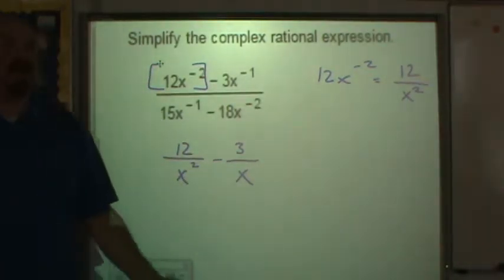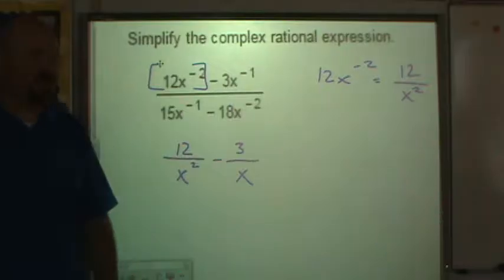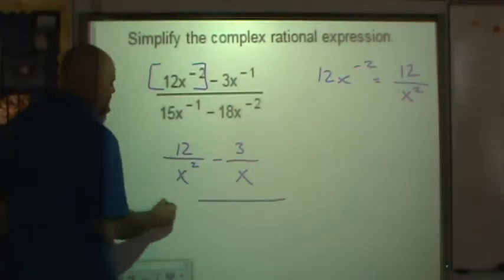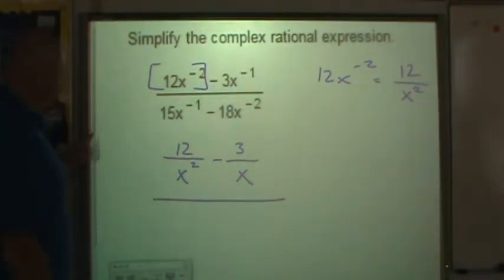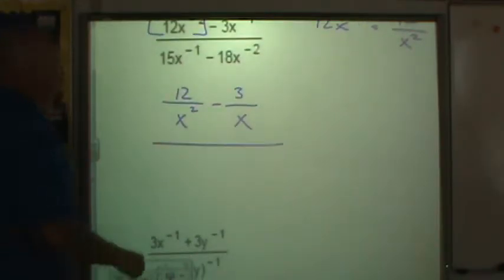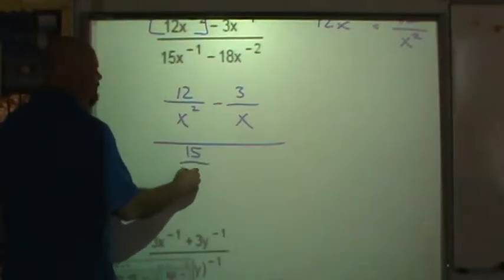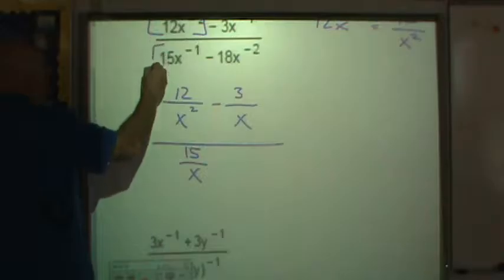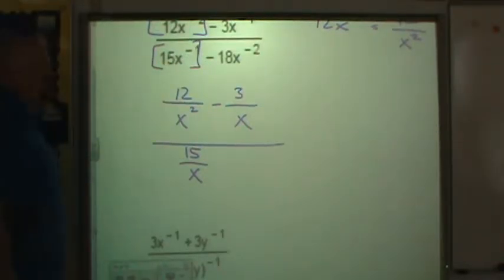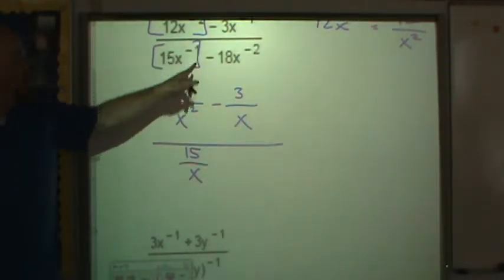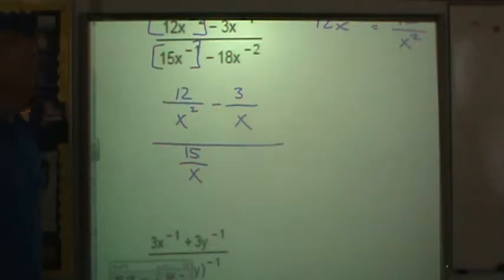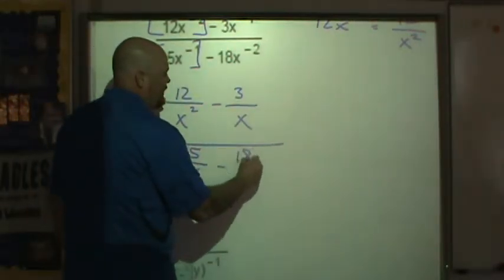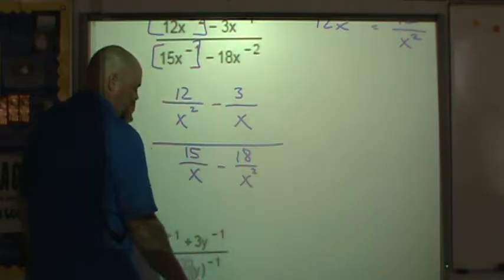I'm not going to write x to the first, I'm just going to write x if that's okay with everybody. And then I can follow the same pattern here in the denominator. I'd have 15 over x. So I have the 15 and x to the negative first; x to the negative first moves into this denominator here. Minus 18 over x squared.